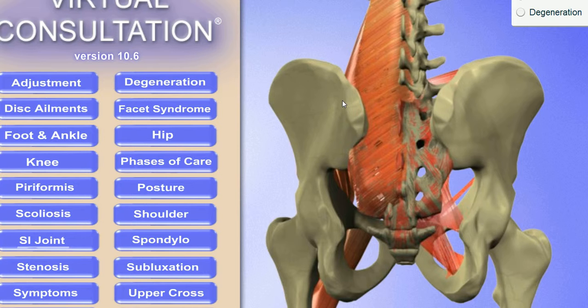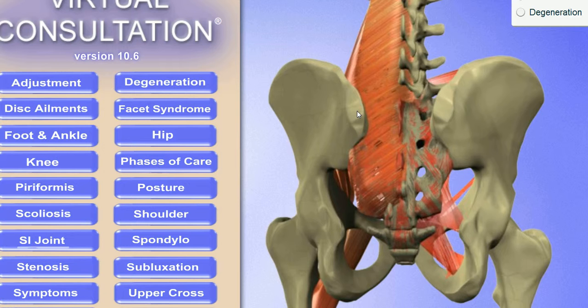Now, the gold standard for a true diagnosis of this condition is going and getting what we call a joint block, a sacroiliac joint injection, where a proper medical specialist, usually done at a pain management clinic, could be a pain anesthesiologist or a physiatrist, generally speaking, inject the joint with medications that help dull and numb the pain, and if your pain goes away, then the diagnosis is confirmed.